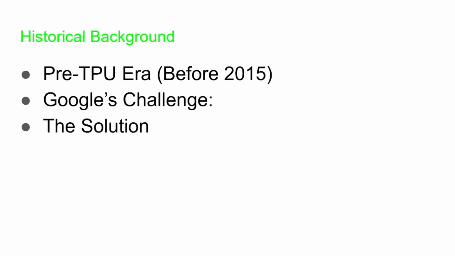Here's some historical background of the TPU. That is the pre-TPU era, before 2015, because the TPU was invented in 2016. Here, neural networks were usually trained and run on CPUs and GPUs. GPUs were originally designed for rendering images, but were used for deep learning because of their ability to handle parallel matrix operations.